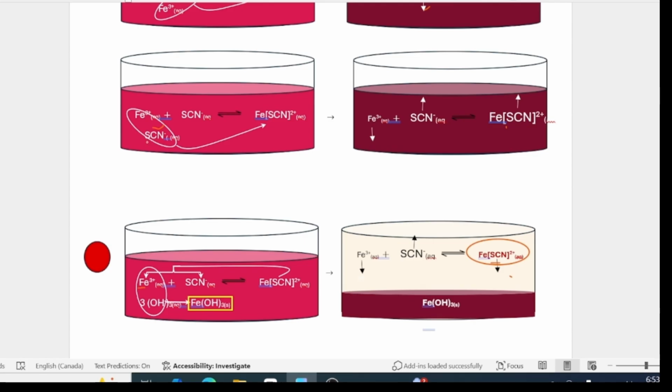And according to Le Chatelier's principle, if the concentration of a reactant is increased, to reduce its concentration, the equilibrium must shift to the right. For that to have happened, some amount of iron must have reacted with some of the thiocyanate ions to form iron thiocyanate.